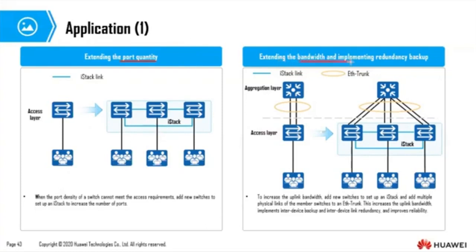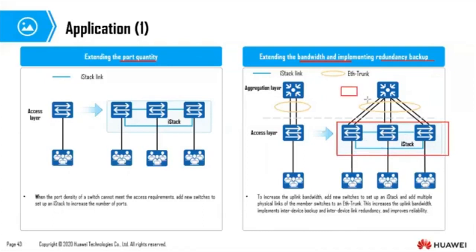Okay, so extending the bandwidth and implementing redundancy backup. In order to increase the uplink bandwidth, add new switches to set up a stack and add multiple physical links to member switches. So first of all, here we can create an iStack.